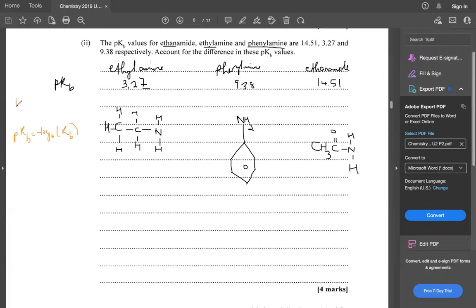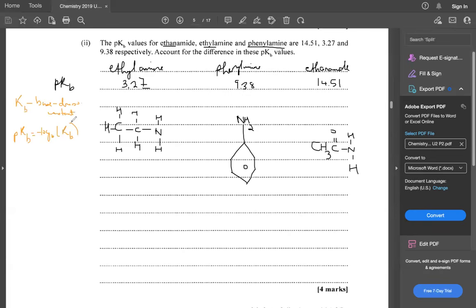And the Kb value tells us how strong or how weak of a base we have. It's the base dissociation constant. So it tells us how strong or weak our base is.